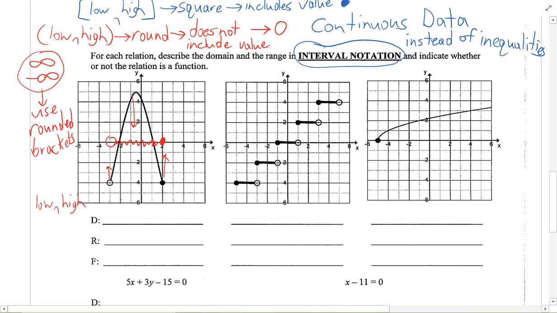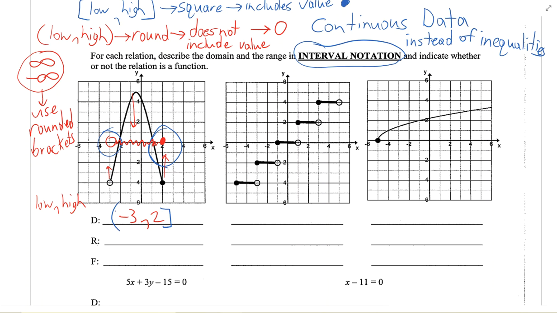My low number is -3, comma, my high number is +2. Now, I look at my brackets. Because this is a closed circle, the point is included, it must be square. Because this does not include the point, it must be rounded. So you can mix them up, depends on what you need.